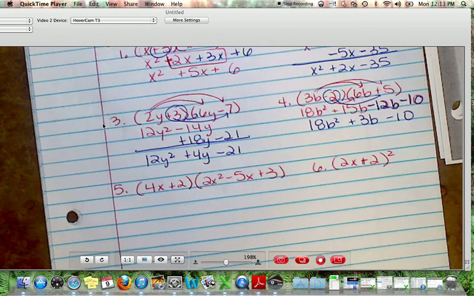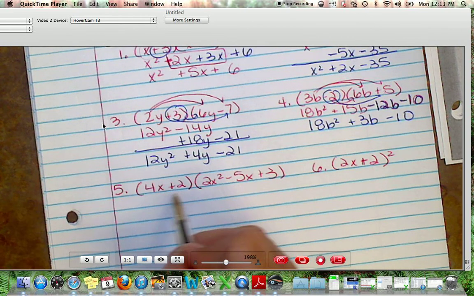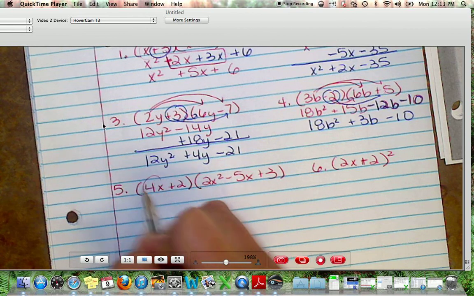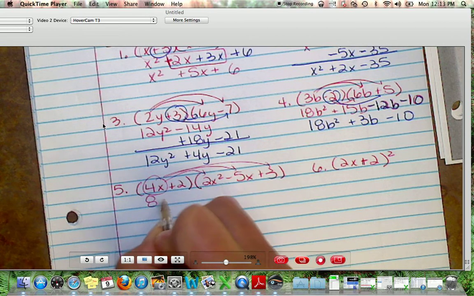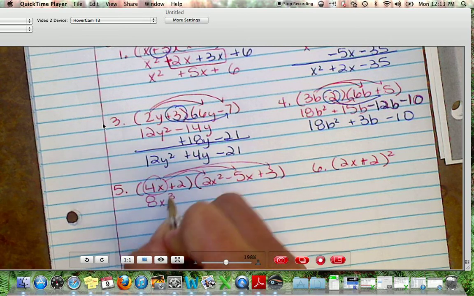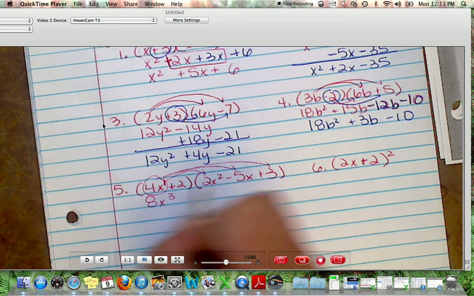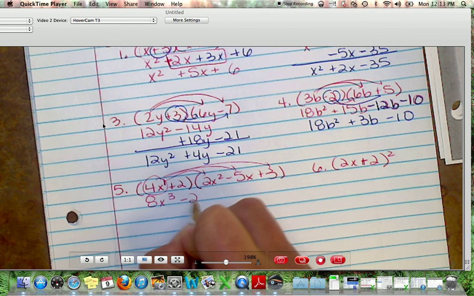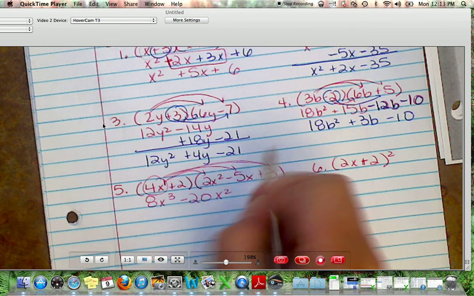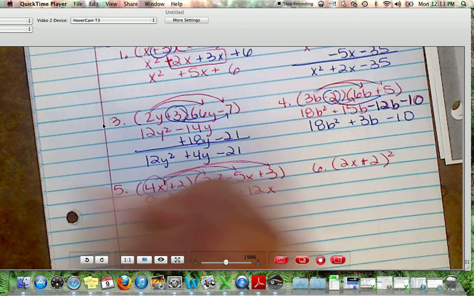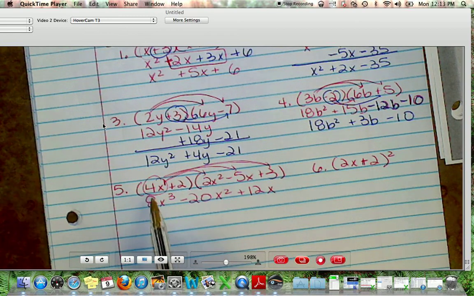Okay, so if we're here at the binomial times the trinomial, first take the 4x and pass it out. So we get 8x to the third, careful, that's to the first. Then we get negative 20x squared plus 12x. That's what I get when I pass out the 4x.